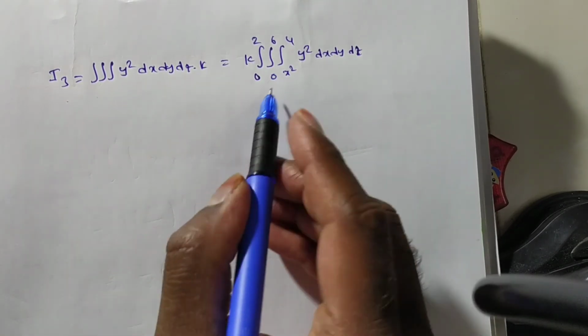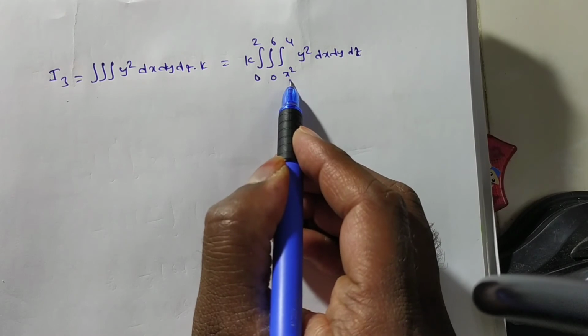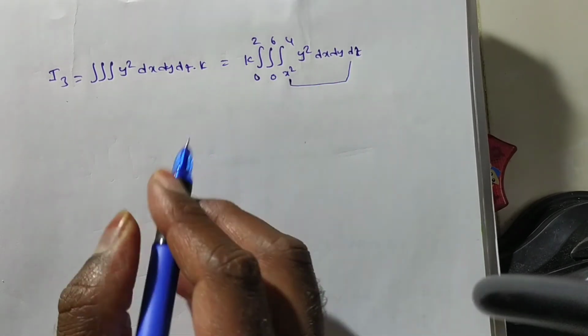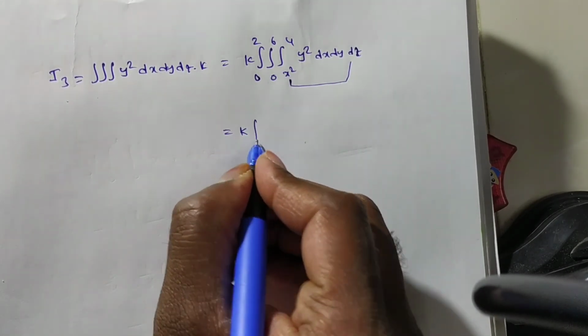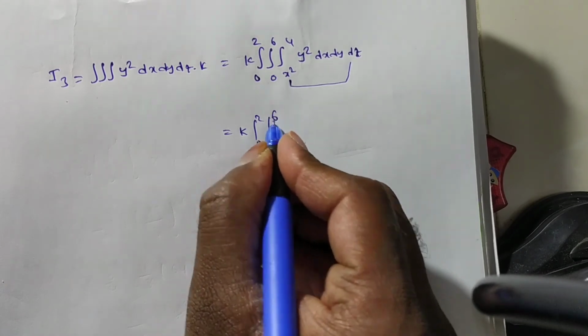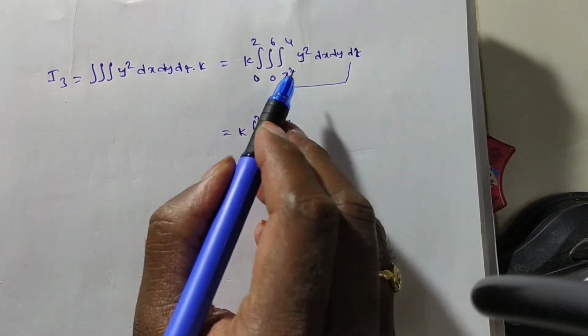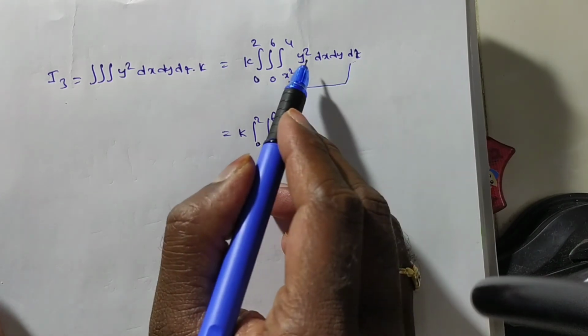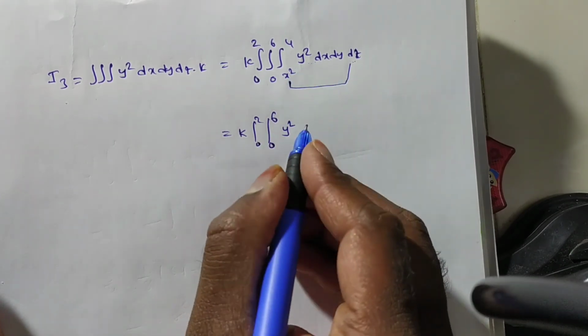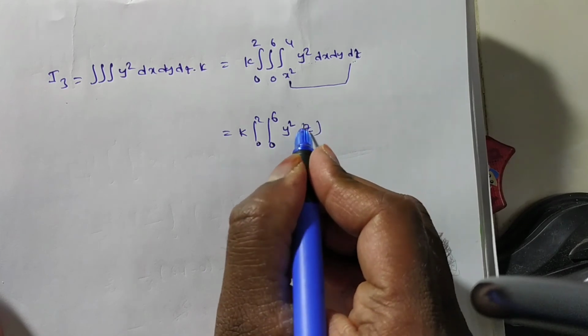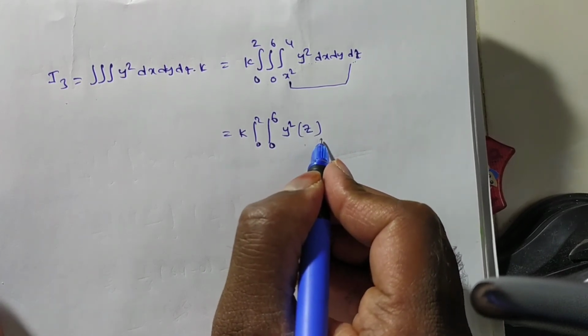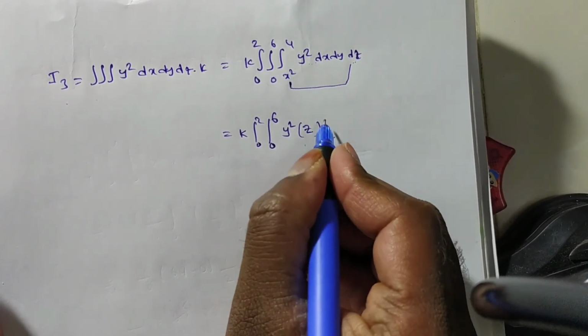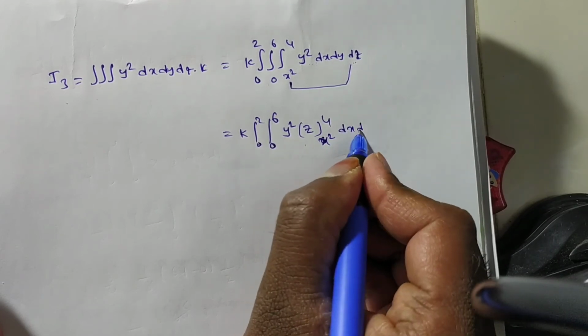Here also the z limits depend on x, so first we integrate with respect to z. Now k times the integral 0 to 2, integral 0 to 6, y squared is kept as it is. With respect to z, the y squared coefficient is 1, so the integration gives z, limits from x squared to 4, dx dy.